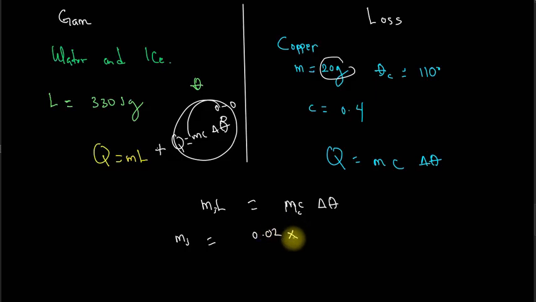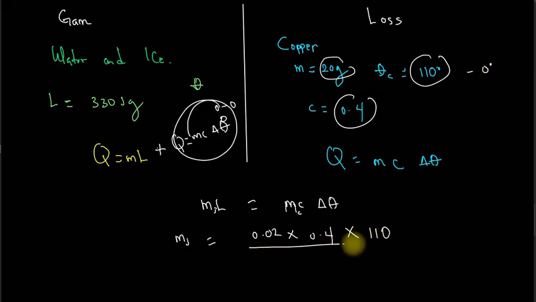Times c, 0.4, times the change in temperature. 110 minus 0, which is the final steady temperature, is 110. All over the latent heat, L, which is given as 330. So 0 cancels 0.